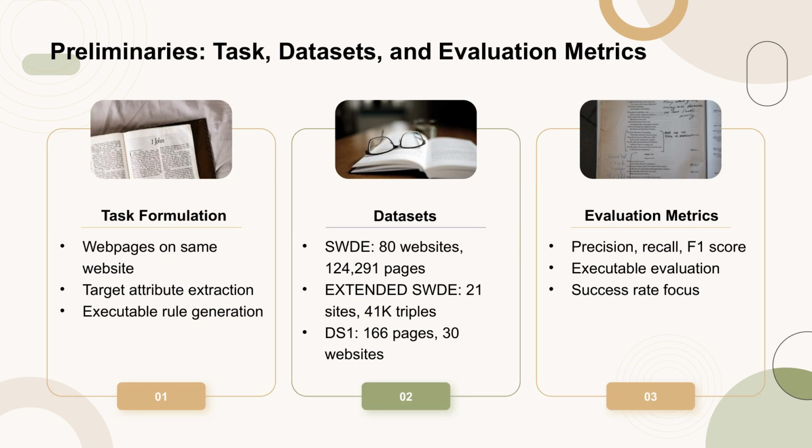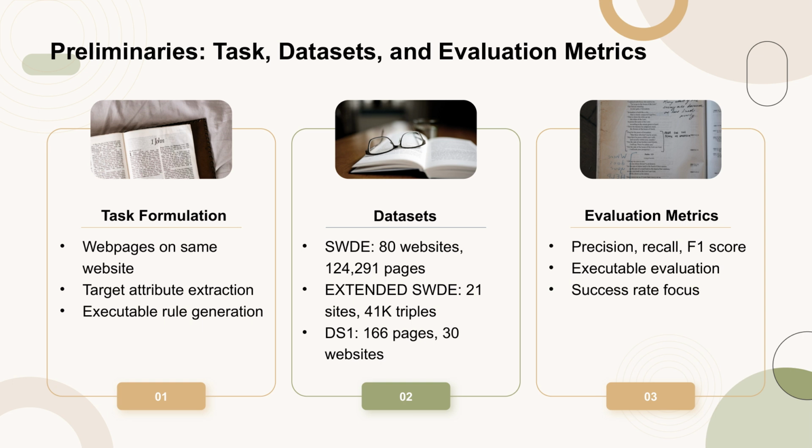In this section, we first define the scraper generation task. Given a set of web pages on the same website and a predefined target attribute, the objective is to generate an executable rule to extract target information from all web pages. We use 3 datasets for this task: SWD, which includes 80 websites and 124,291 web pages; extended SWD, with 21 sites and 41K triples; and DS1, containing 166 annotated web pages from 30 websites.